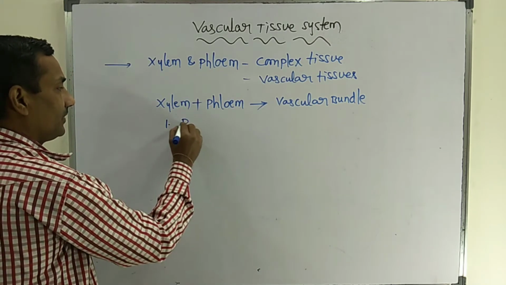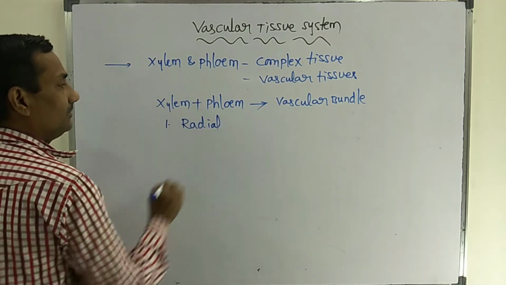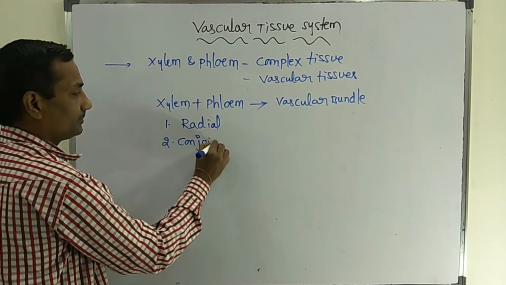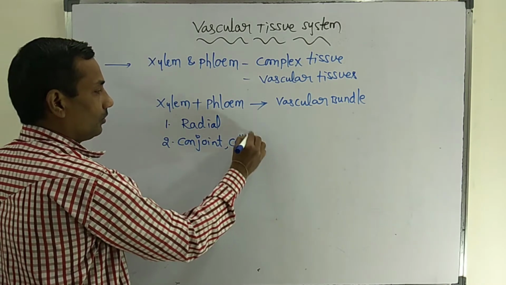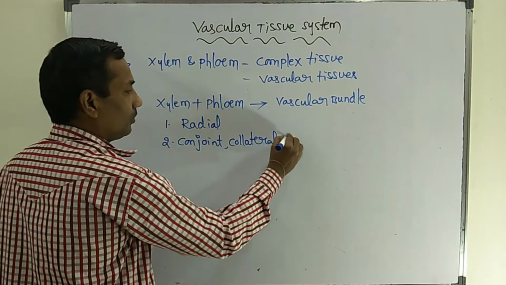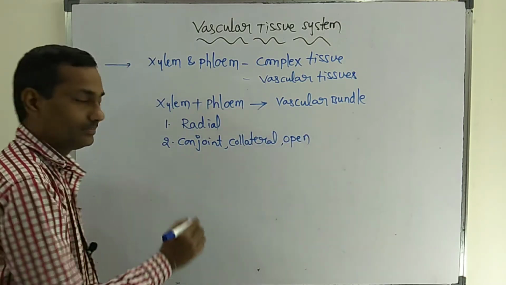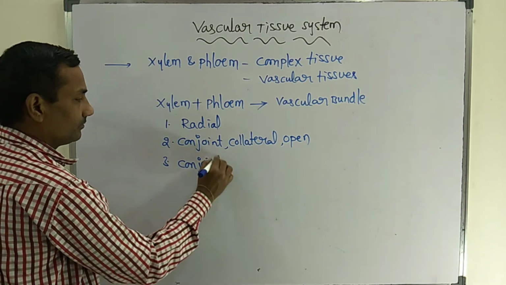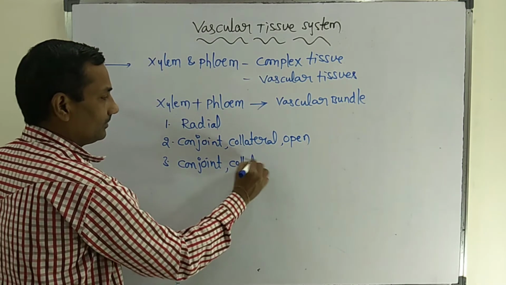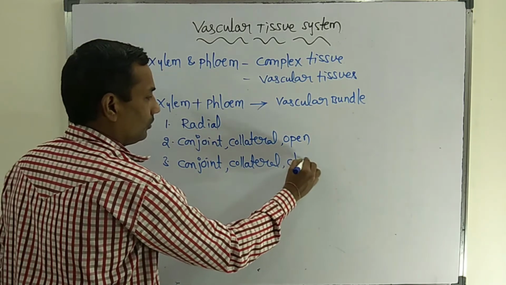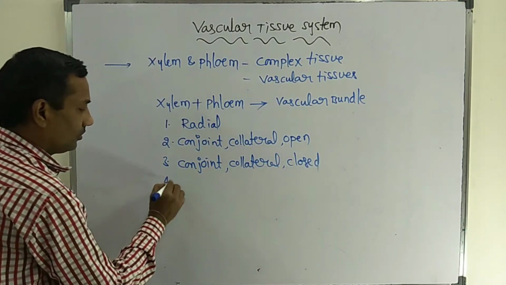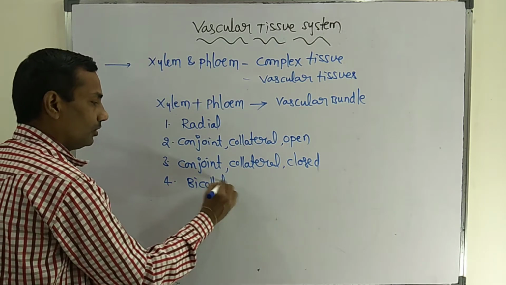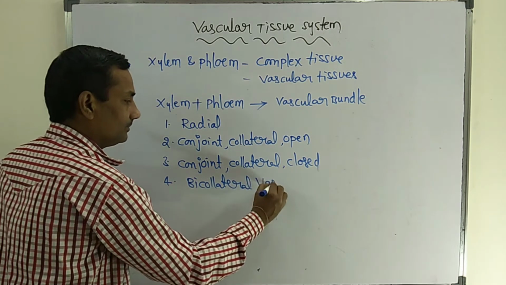The first type, radial vascular bundle. Second type, conjoint collateral open vascular bundle. Third type, conjoint collateral closed vascular bundle. Fourth type, bicollateral vascular bundle.